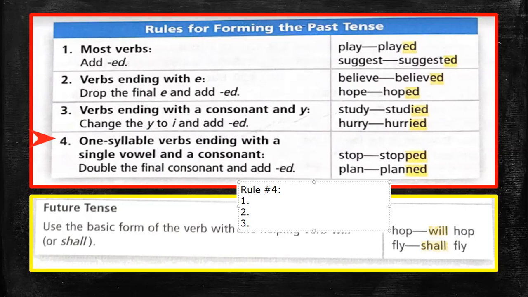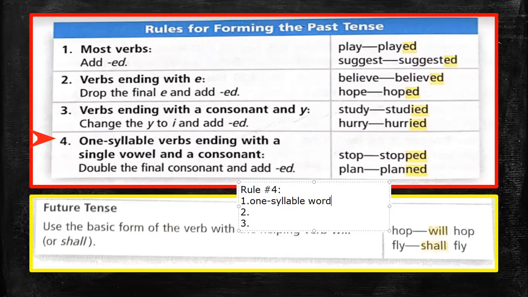Okay, so let's talk about the 3 things that you have to look for in a word in order to know for sure that you have to double the consonant. The first thing that you have to do is see if it's a 1-syllable word, and you should be writing, okay? These are the 3 things that you need to look for.